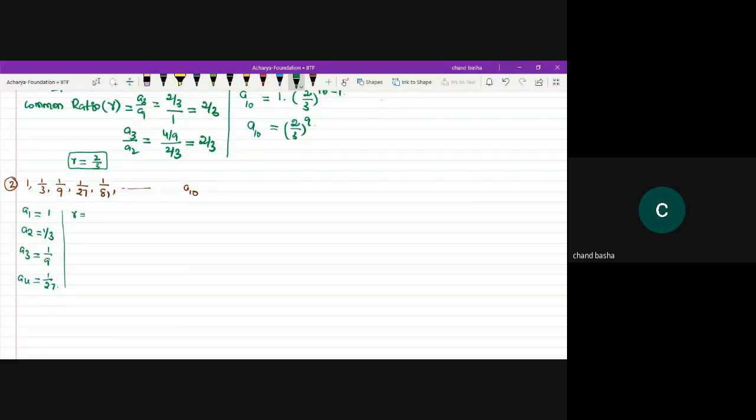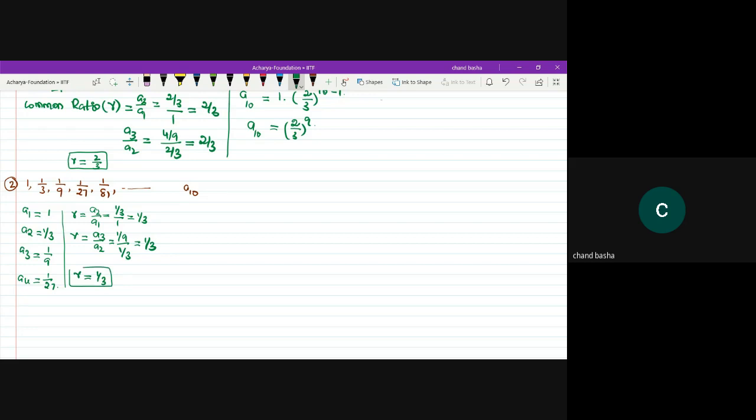R is equal to A2 upon A1, that is 1 divided by 3 upon 1, equal to 1 divided by 3. Next, you can check it: R is equal to A3 divided by A2, that A3 value is 1 by 9 upon 1 by 3. That ratio is fixed. R value is fixed. That is 1 divided by 3.